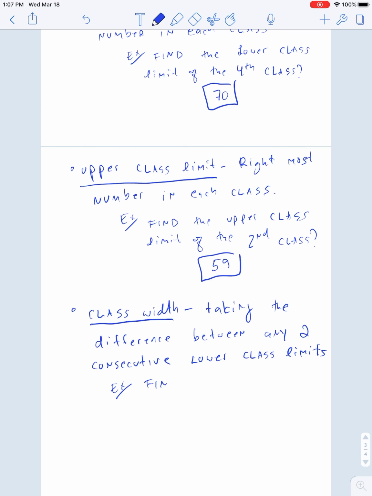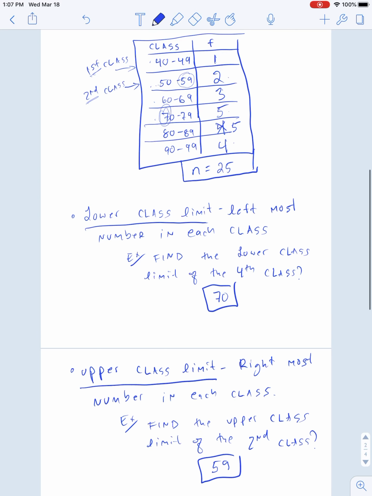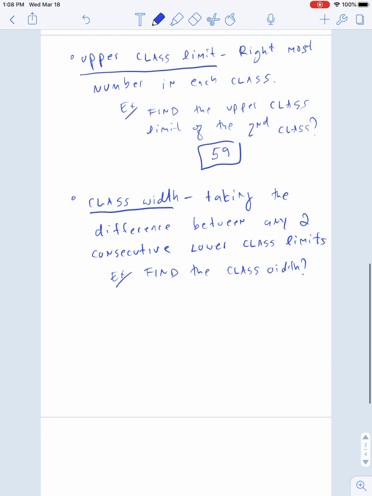Remember, consecutive means one after another. So, find the class width. All we have to do is take the difference between any two lower class limits. We can subtract 50 and 40. Those are consecutive.